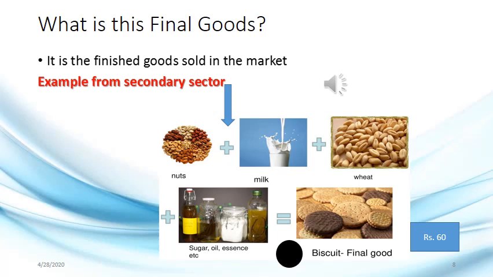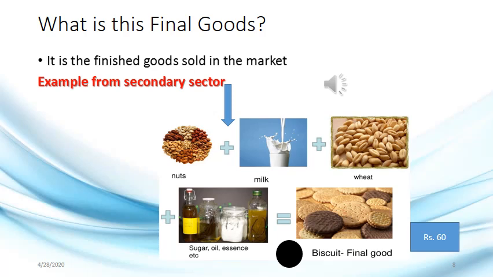And in the process of getting this final product, we do take some inputs. We will be using nuts, milk, wheat flour, oil, for example, or any other essence which we need to produce the final product. Right? So when you calculate GDP, that final 60 rupees is enough for us.